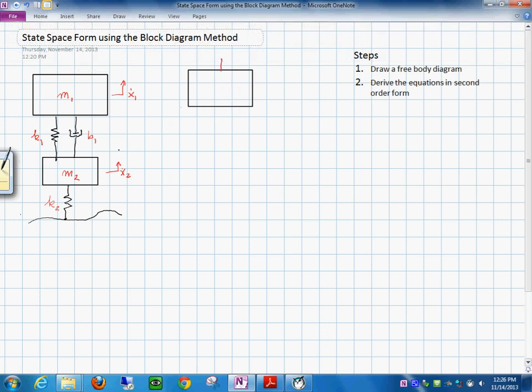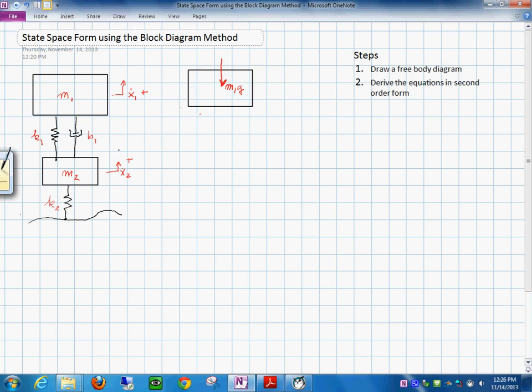In here you are going to have the force, which would be m1g, the gravity force in here. We are moving up for x1, so this is the positive direction, up like this for x1 and x2.